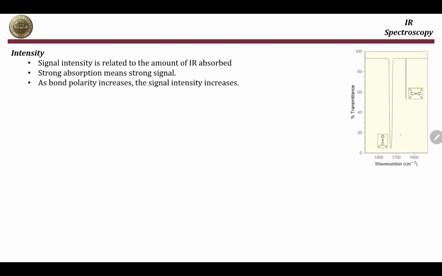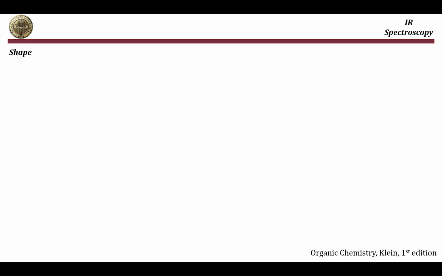This is a strong signal and this is a weak signal, which means that the carbonyl is absorbing most of the IR radiation, whose frequency is around, let's say, 1720, whereas the carbon-carbon double bond is only absorbing a small amount of the IR radiation, which has a frequency of around 1650 cm⁻¹. However, the intensity of the peak will be only useful in certain cases, but most of the time the wave number will be the most important factor that we have to look at.